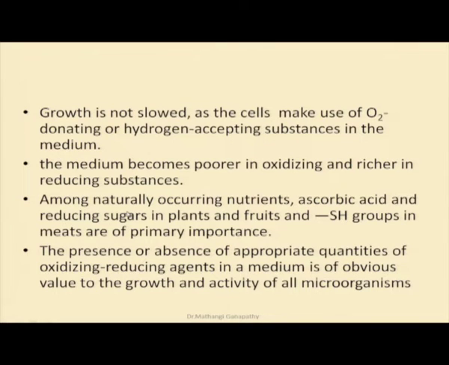Among the naturally occurring nutrients, ascorbic acid, reducing sugars in plants and fruits, and the sulfhydryl group in meats are of primary importance, which play a role in this. And the presence or absence of appropriate quantities of these oxidizing and reducing agents in the medium would be very important to the growth and activity of all microorganisms.